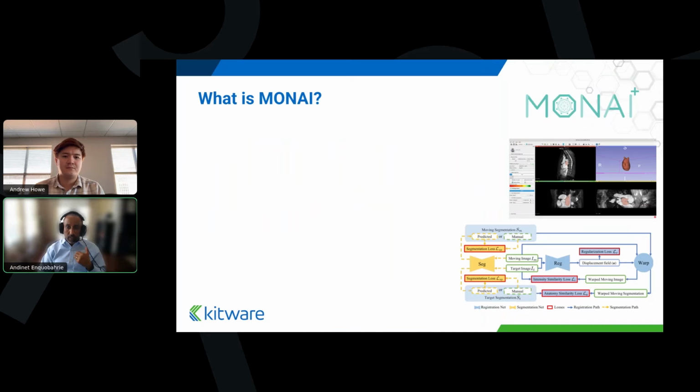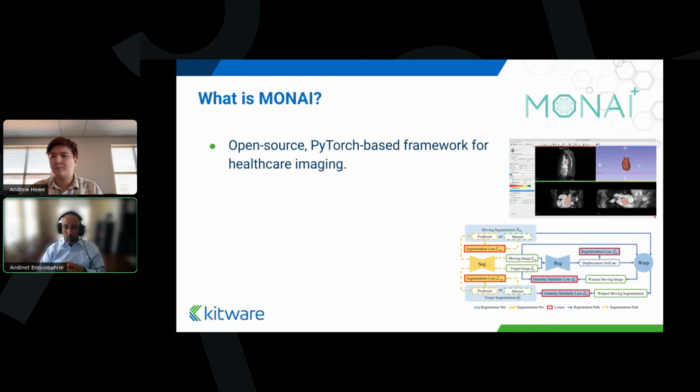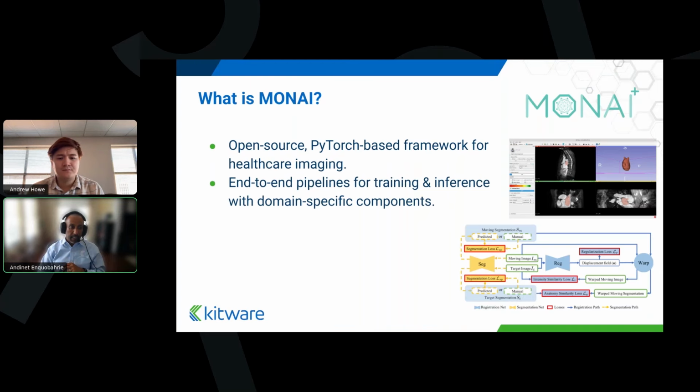So these Clara models are built using MONAI, and I think folks who are working in medical imaging AI or medical image analysis know MONAI. I'm sure they know MONAI because it's become sort of the de facto open source PyTorch framework for doing deep learning in medical imaging. The great thing about MONAI is it helps you do end-to-end pipeline setup.